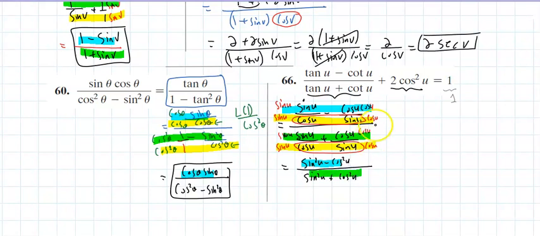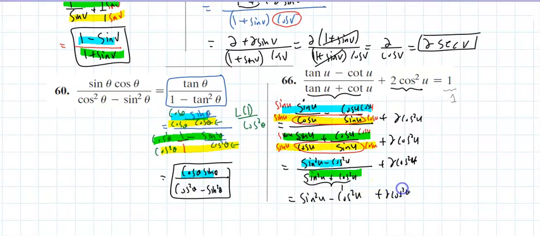And I notice here, there is a twice cosine squared of u. I don't know what to do with that yet, but I noticed that, hey, this is the famous identity. That's a 1. So I'm really looking at the sine squared of u minus the cosine squared of u plus twice the cosine squared of u. And wouldn't this be negative cosine squared of u plus 2 of those?